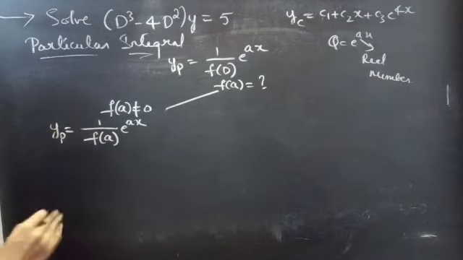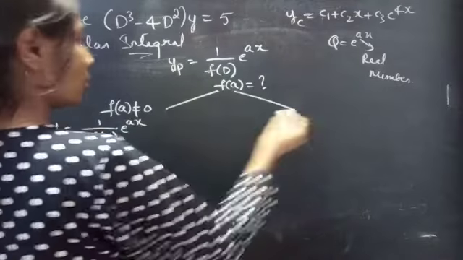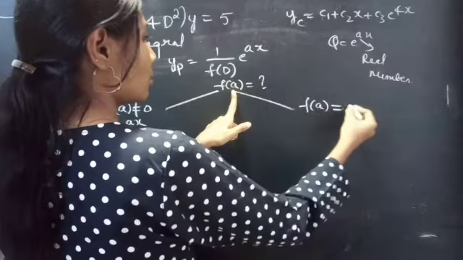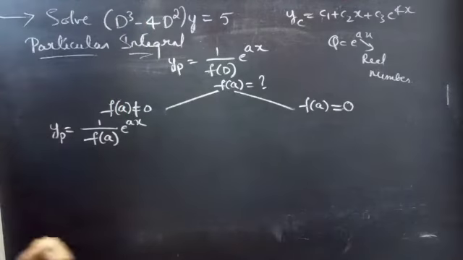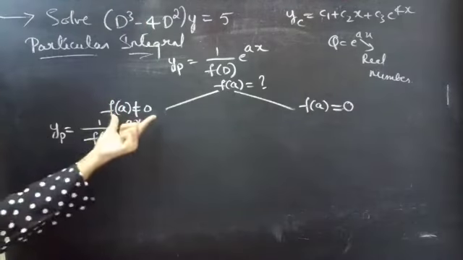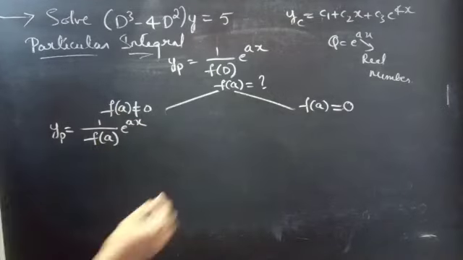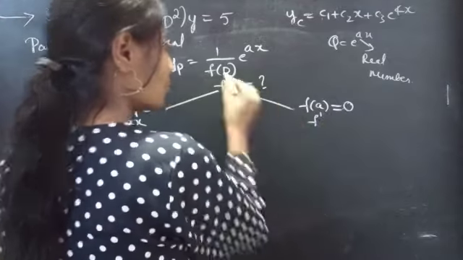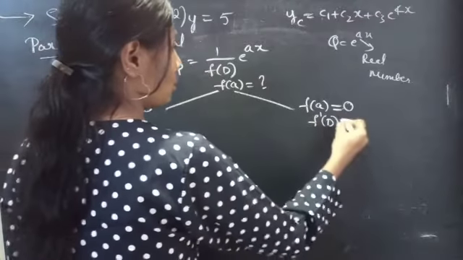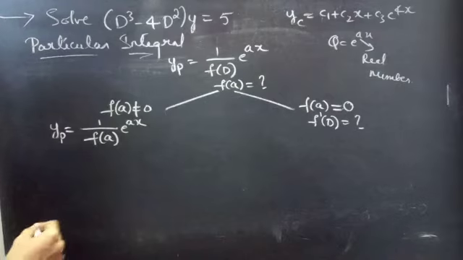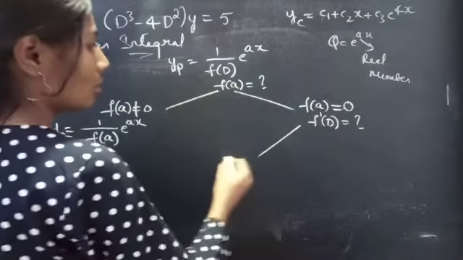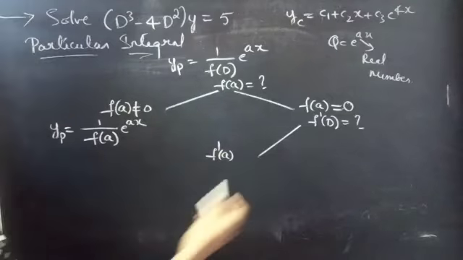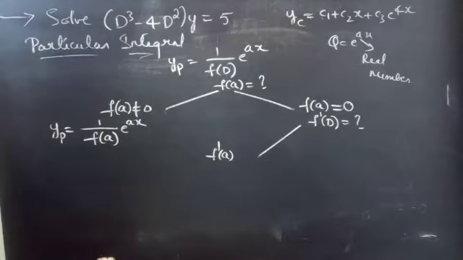Okay, if f of a is not equals to 0, you will get yp. What happens if f of a equals to 0? Then you need to find f dash of D, right? Again, substitute f dash of a, that is, substitute D equals to a.